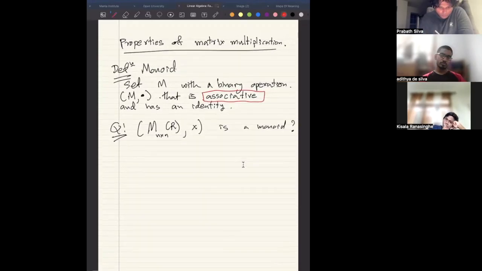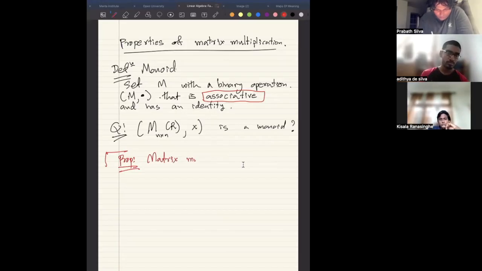So let's show this proposition: matrix multiplication is actually associative.